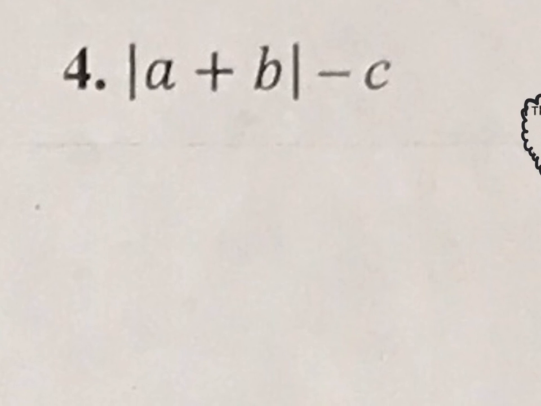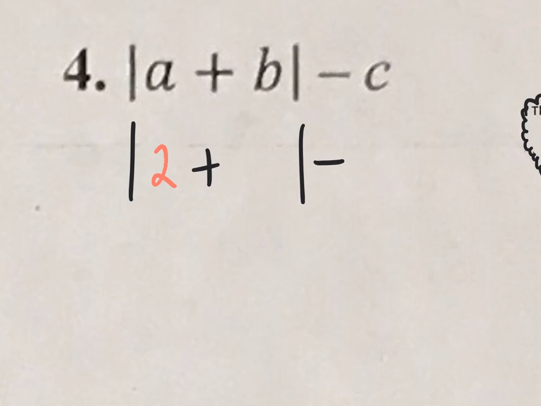Let's do the hardest one, number 4. Could somebody just read me from the instructions what the value of A, B, and C are? A is what? 2. Okay, well, you know what? Just notice that I wrote everything. I wrote the absolute values. I wrote the plus. I wrote the minus. And now I'm going to plug in my A, B, and C into those blank spots. The A value you said was 2. The B is what?